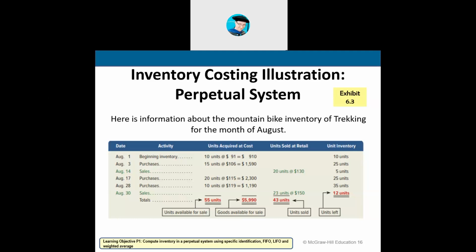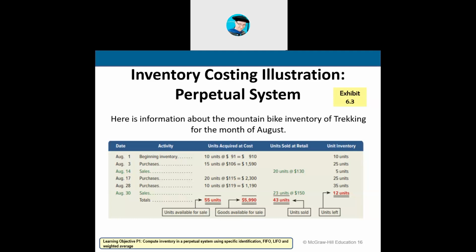Now, I'm low on inventory, so I've got to buy some more. August 17th, I bought 20 more units. That time it cost me $115 a mountain bike, $2,300 total. But it got my inventory back up to 25 units. I bought 10 more on August 28th, $119 a piece, $1,190 to get me up to 35 units available for sale.